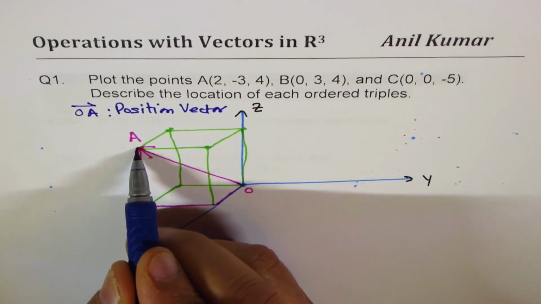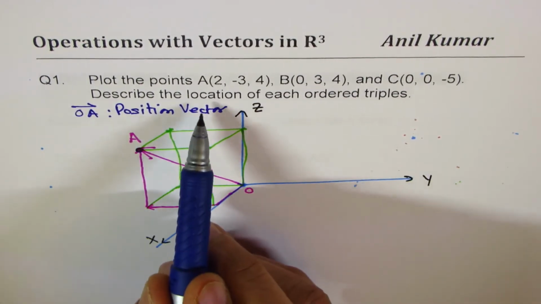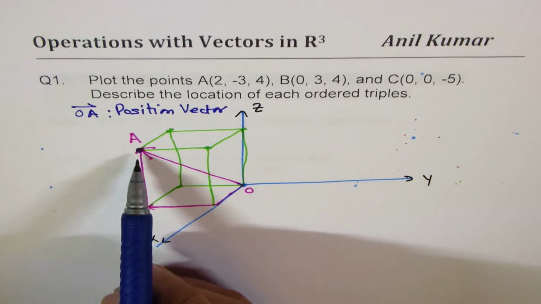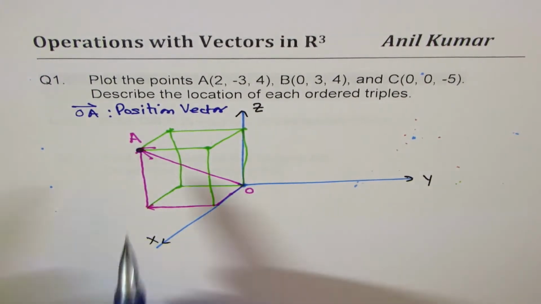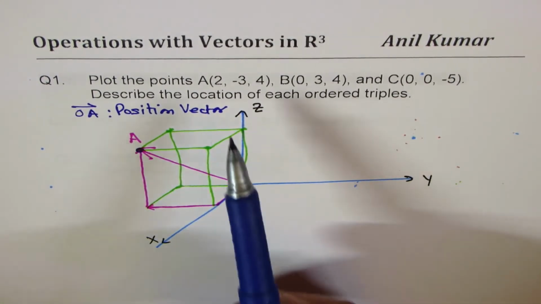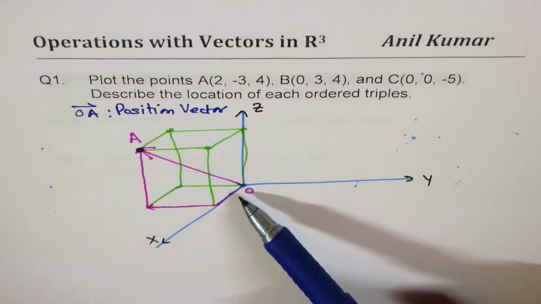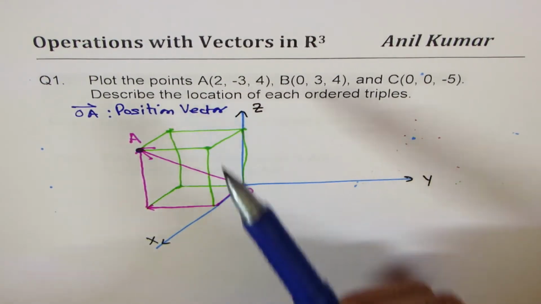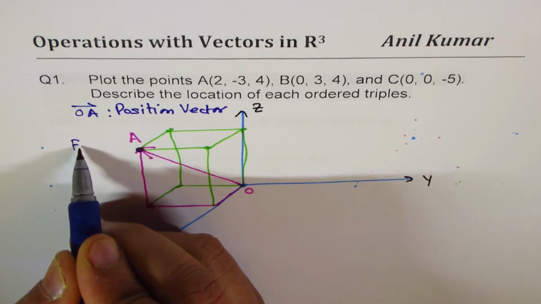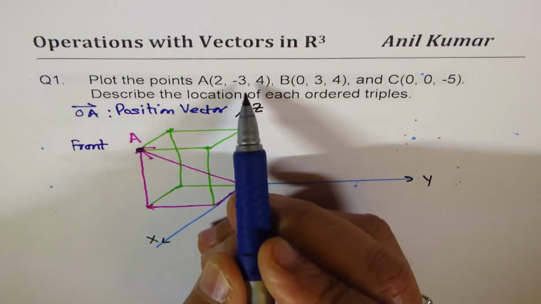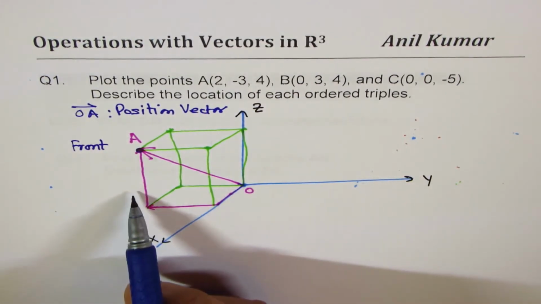The idea is to find now how you describe the location of A. Tell me that. What is the location of A? Here we move towards the X, that means we are on the front side, so we'll say front. Then we move towards the left.